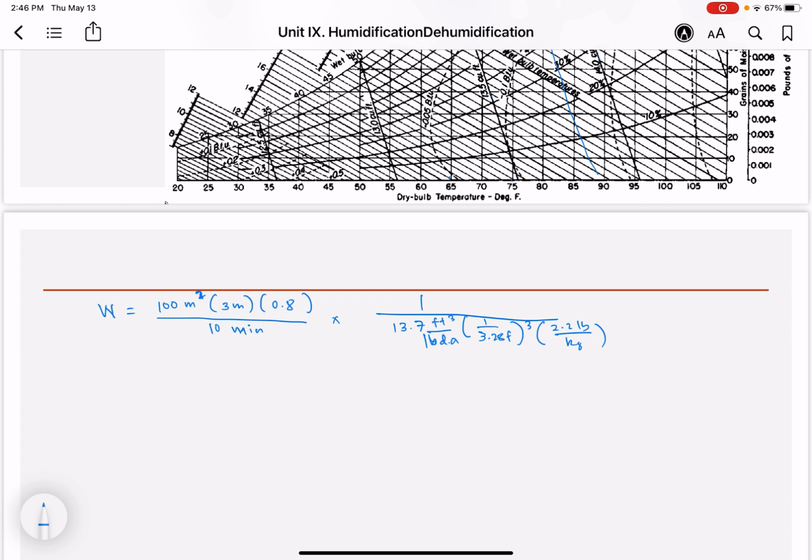Okay, so I would have there a value of around 28 something, 28.31.